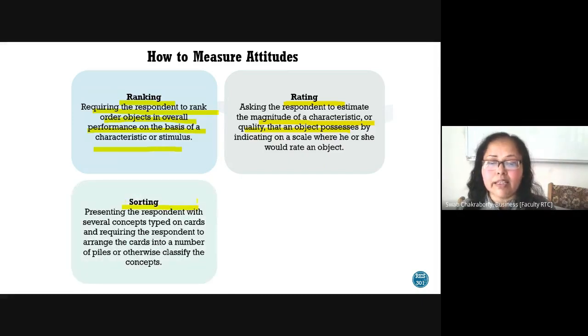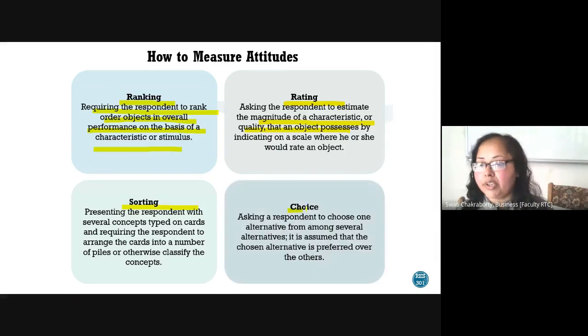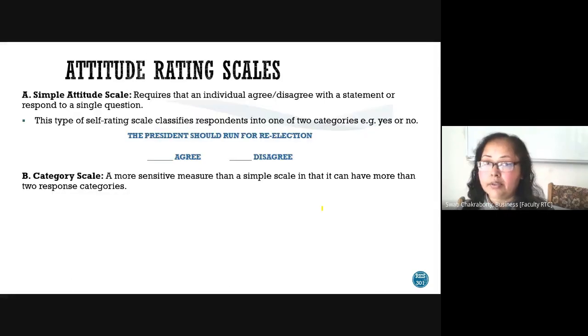Sorting, presenting the respondent with several concepts typed on cards and requiring the respondent to arrange the cards into a number of piles or otherwise classify, to group it. And choice, asking the respondent to choose one of the alternatives from several alternatives. It's assumed that their chosen alternative is preferred over the others, right?